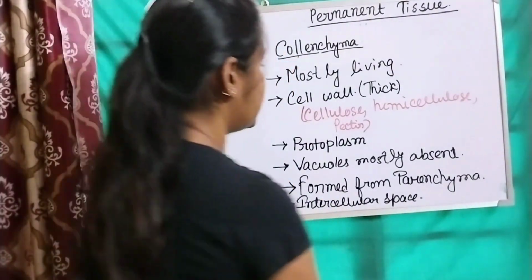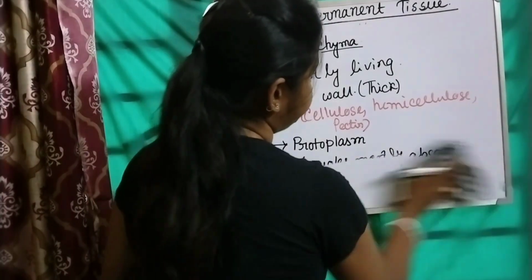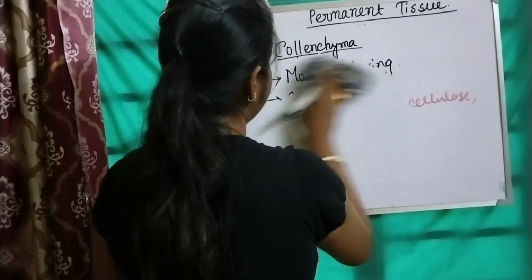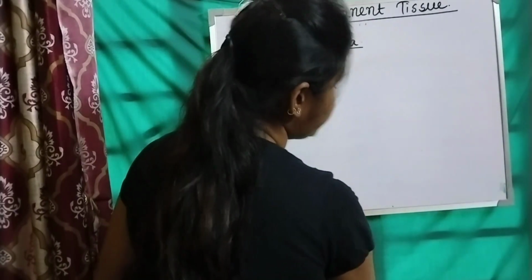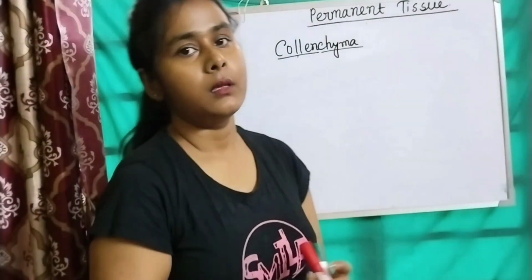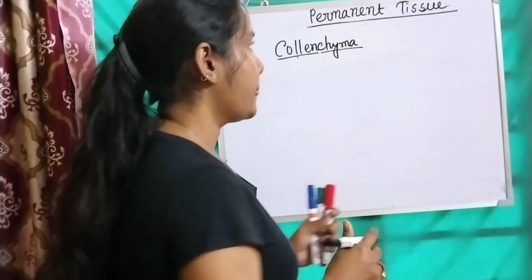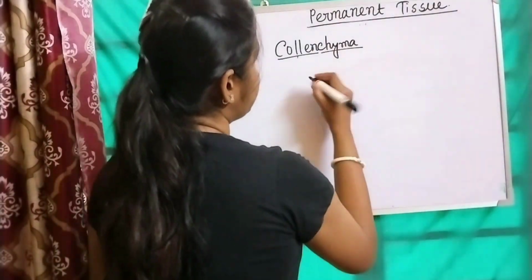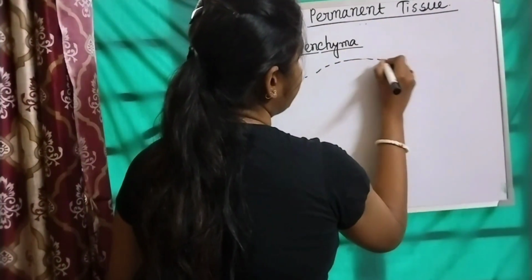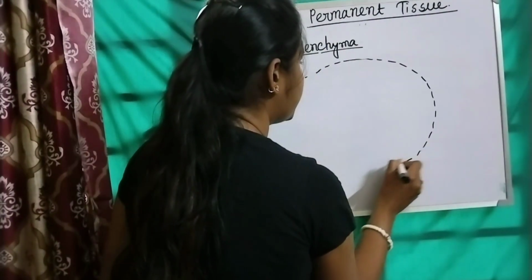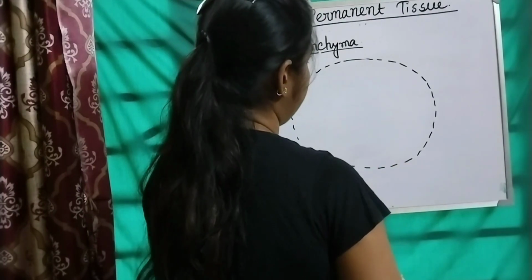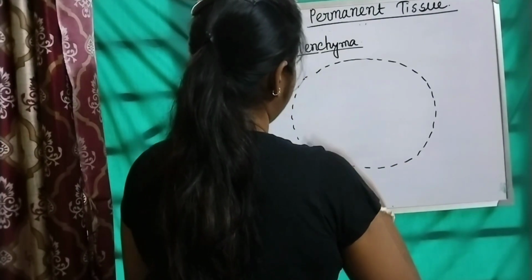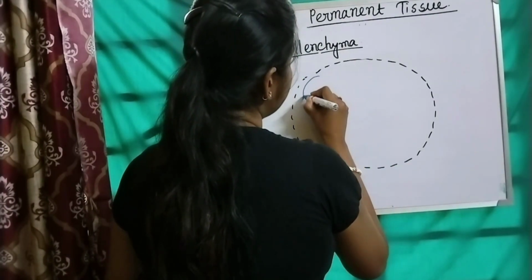Okay, next, about the structure. This type of tissue is found in root and stem. Okay, so here is the structure of the collenchyma tissue. Suppose it is a structure of the tissue. Here cells are present.